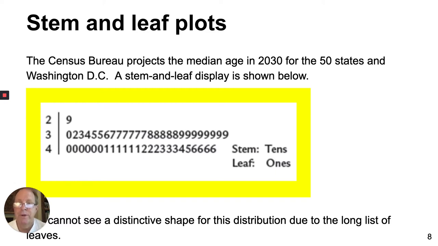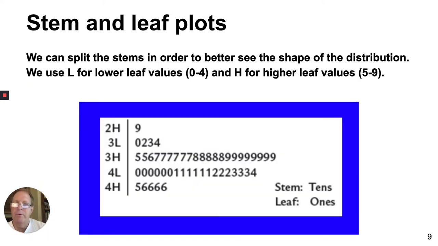But what I can do here is I can break down the 20s into 20 high and 20 low, and the 30s into 30 high and 30 low, and the 40s into 40 high and 40 low, and I end up with a graph that looks like this. In this graph, I use L for the lower leaf values, 0 through 4, and H for the higher leaf values, 5 through 9.